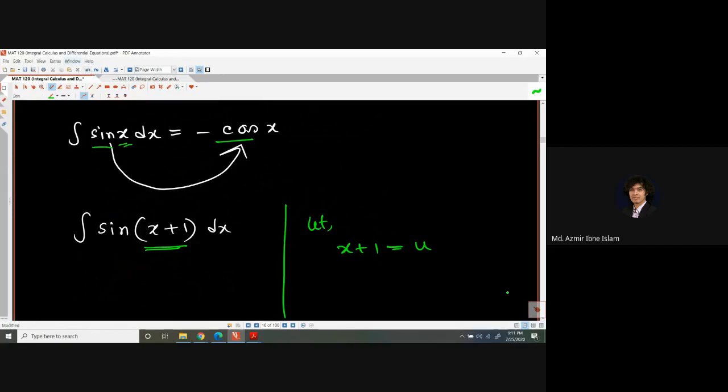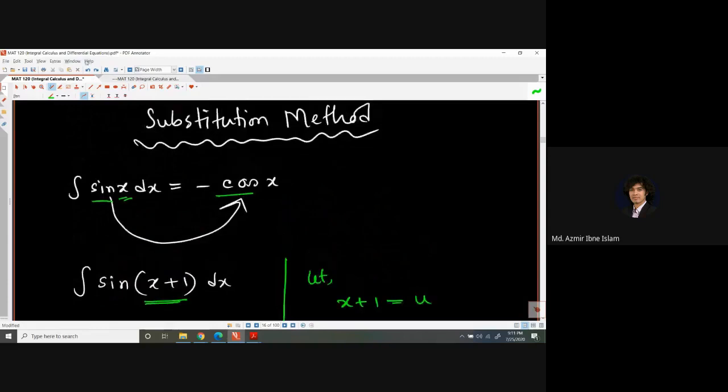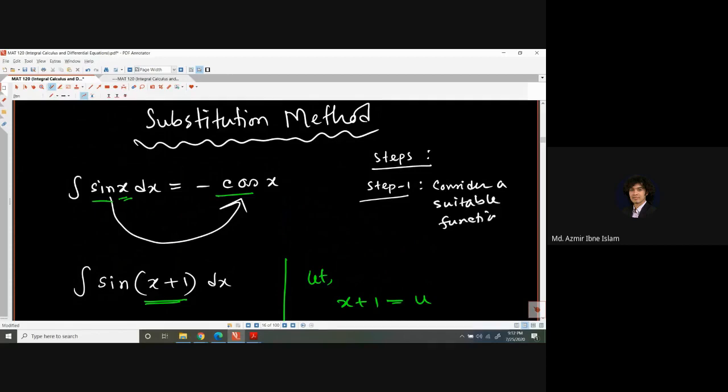So first of all, we have to follow the steps. Step 1. We need to consider a suitable function as u. You can also use v, w, whatever.